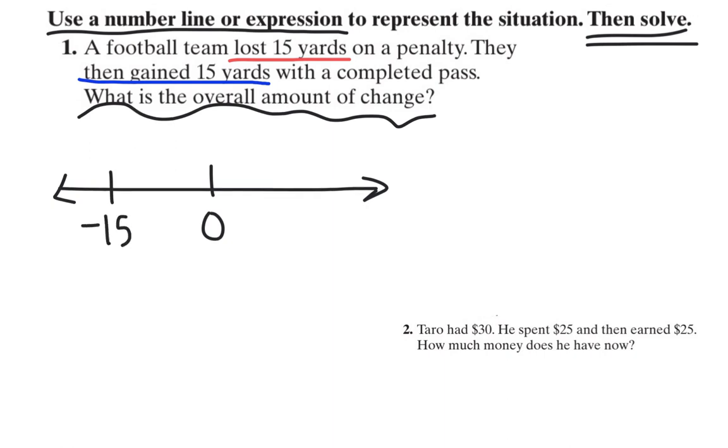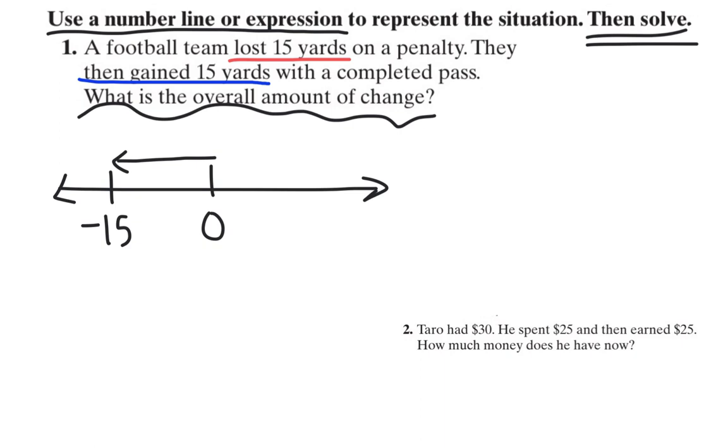So different ways to do this. If you want to do a number line, you can. We're going to think about it that we're starting at 0. It's kind of the line of scrimmage, as they call it. If they lost 15 yards, that's going to take them back to negative 15.